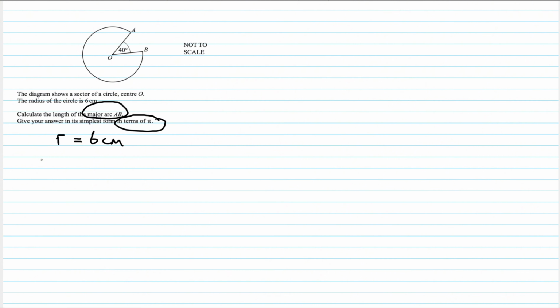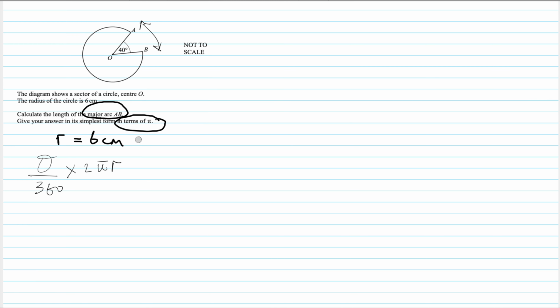Now, the formula for finding the length of an arc is theta over 360 times 2 pi r. This is the formula for finding arc. But the question is, which type of arc are you finding? Because if you use this formula directly, what you'll be finding is the minor arc and not the major arc.